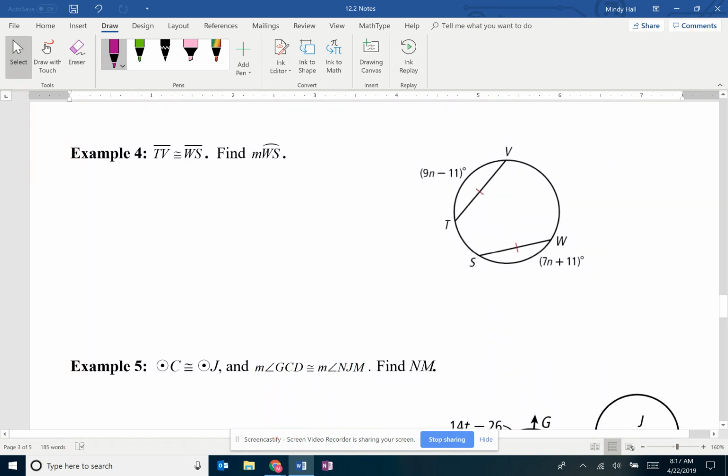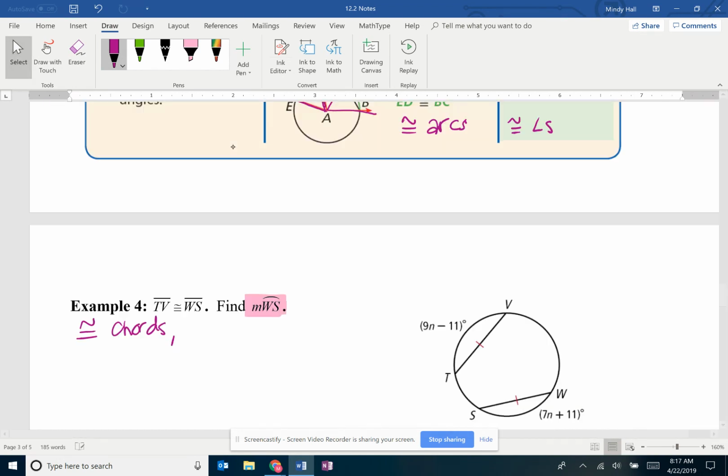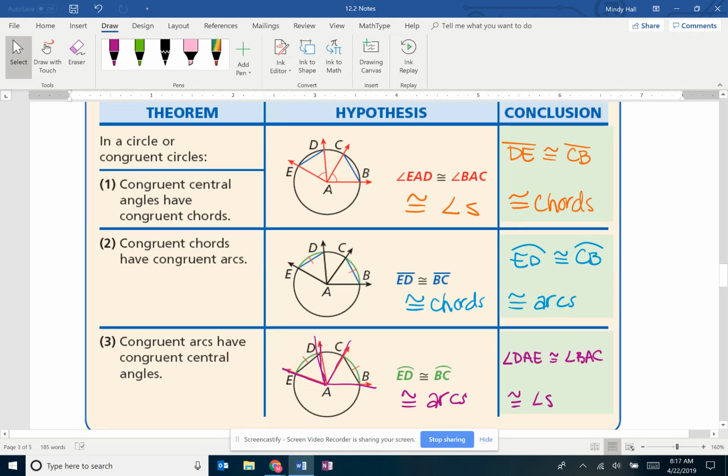flipping the page. With example 4, we know that chord TV is congruent to chord WS. So we want to find the measure of arc WS. So this goes back to the theorem we had before, which is congruent chords. And with congruent chords, looking back, we know that we have congruent arcs, which is the second little part right here.